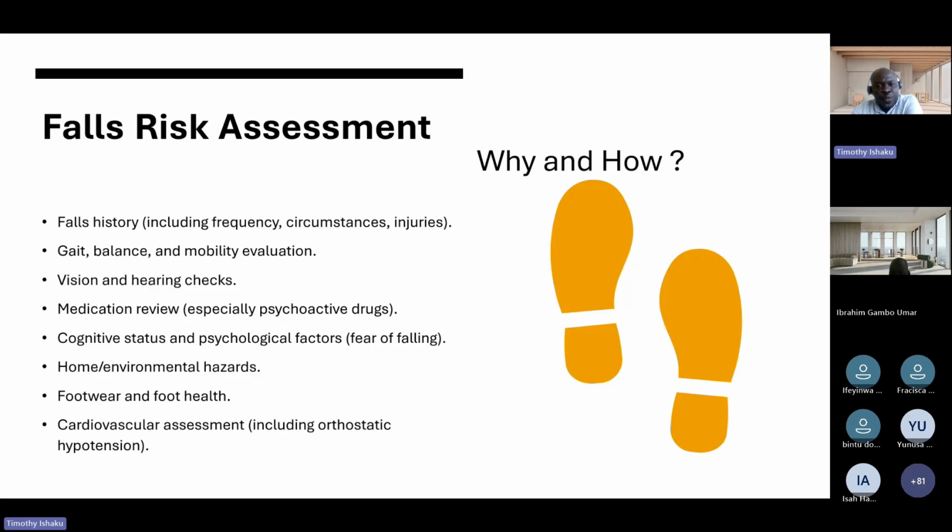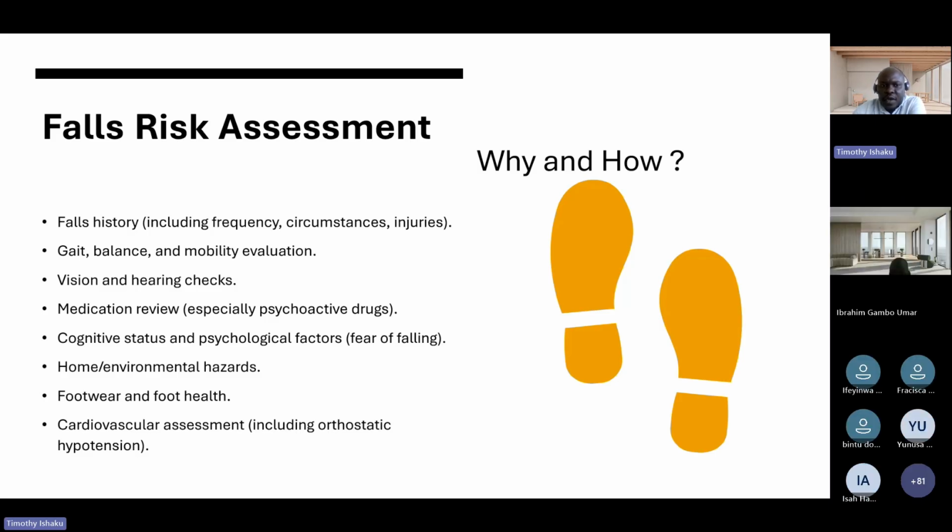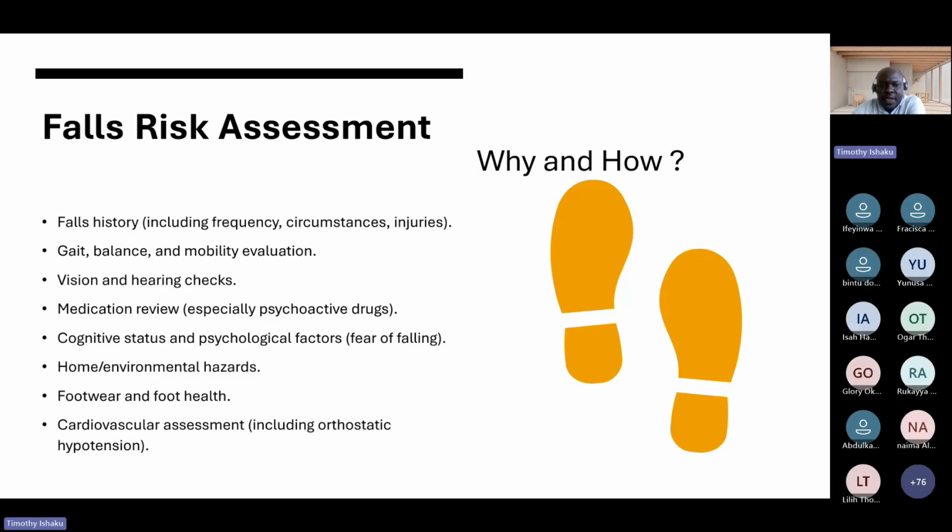If you're looking at the SOAP note, if I said fall history will fall under the subjective component, where would gait, balance, and mobility fall under? Anybody want to help me? Falls under objective. Yeah, brilliant. So the gait, balance, and mobility evaluation will fall under the objective.